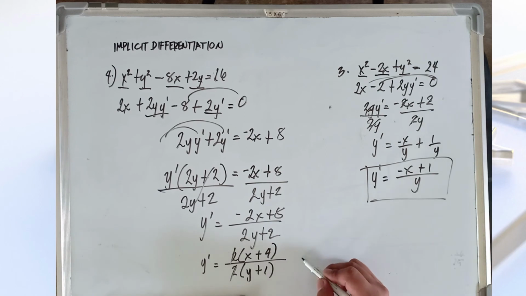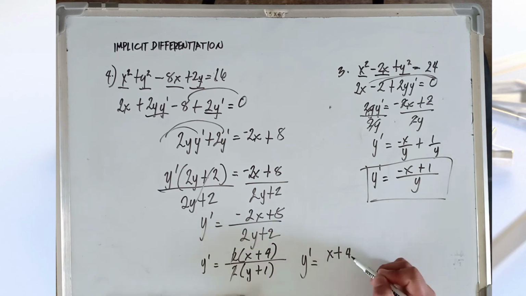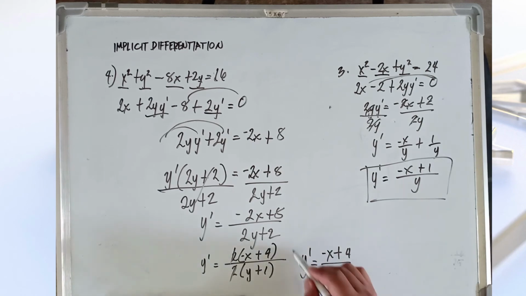Cancel your 2. So the final answer would be x plus 4. Or is it negative now? Okay, there must be a negative there. Negative x plus 4 over y plus 1. So that's the derivative.